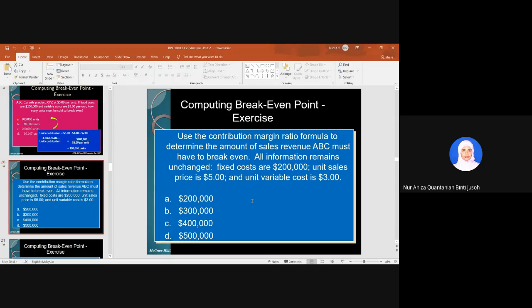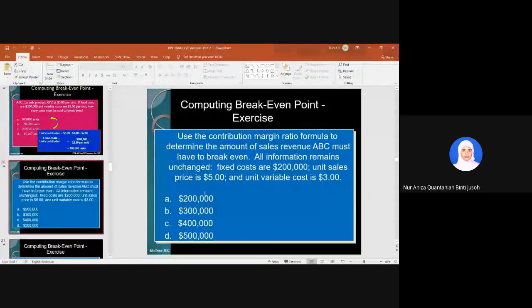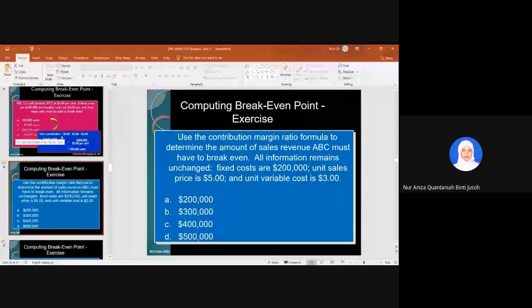So now if you want to find the BEP in sales amount, sales dollars, so now the same formula but dia punya pembawah, kalau sini unit contribution kan, you tengok yang dekat arrow saya tunjuk, this is unit contribution. So now you will divide fixed cost with the CMR. Ini ganti because you want to find in dollars.